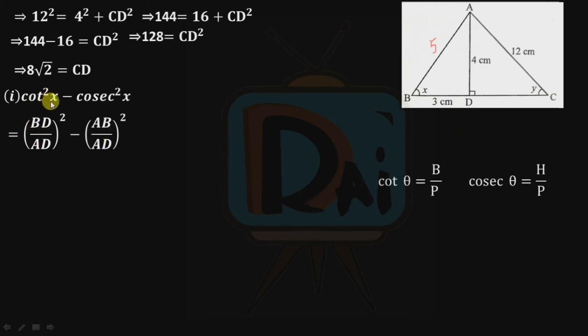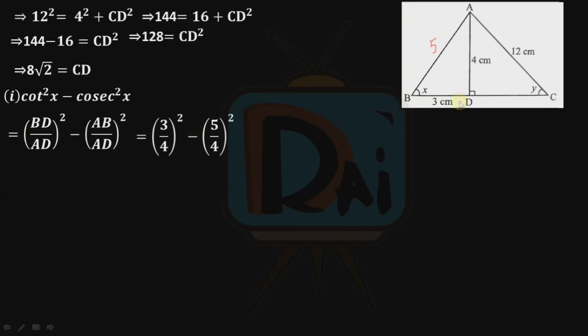So cot square x can be written as BD divided by AD, whole square, minus cosec square x, which can be written as hypotenuse by perpendicular. Hypotenuse here is AB divided by AD.